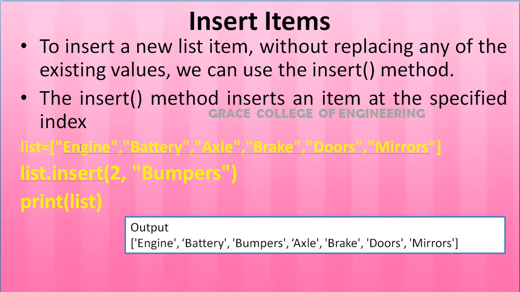So at the 0th index engine is present, at the first index battery is present, at the second index axle is present. That place will be moved to the third one. In the second place, bumpers will be present. So in the output you can see it this way: engine, battery, bumpers, axle, brake, doors and mirrors. Without replacing, you can insert new data by using the insert method.